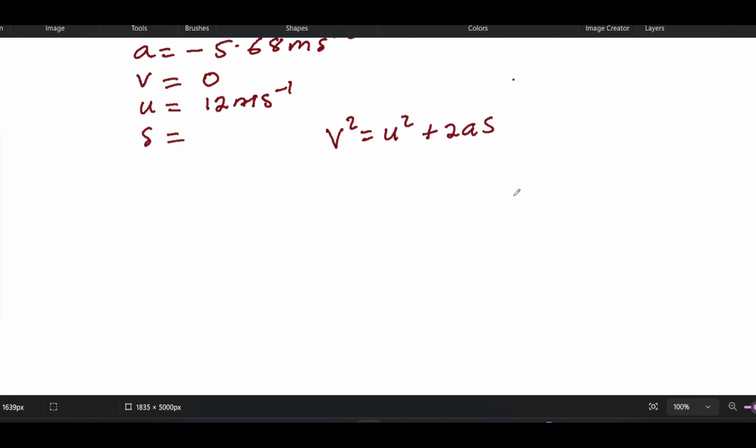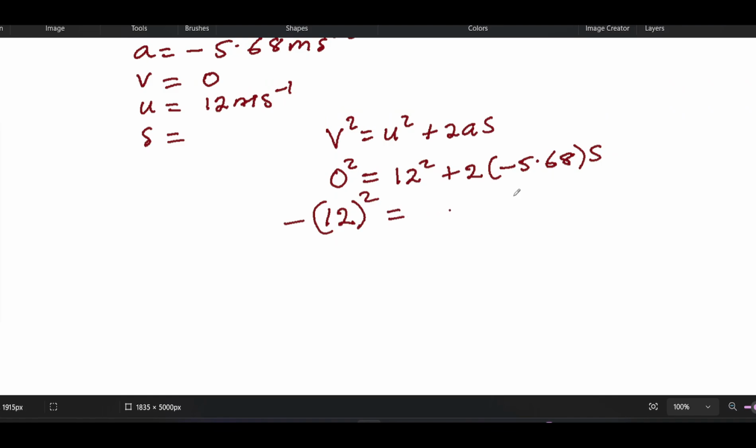If we put in those numbers, we will get 0 squared equal to 12 squared plus 2 times minus 5.68 s. If we rearrange, 0 squared is of course 0, so we'll have minus 12 squared being equal to 2 into minus 5.68 s.